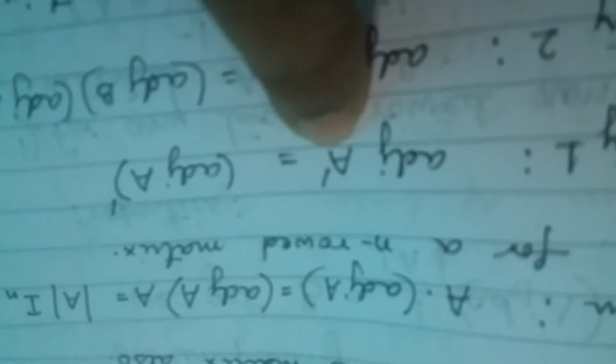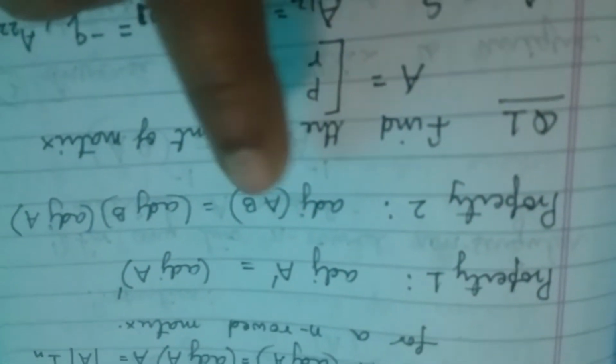Then another property related to adjoint: the adjoint of A transpose is equal to the adjoint of A, whole transpose. Means first calculate the transpose of matrix A, then find the adjoint of it. The value of this will be equal to the adjoint of A first calculated and then transposed.